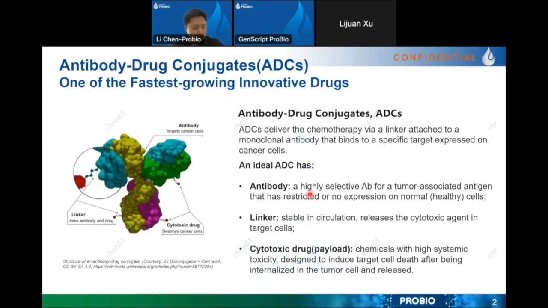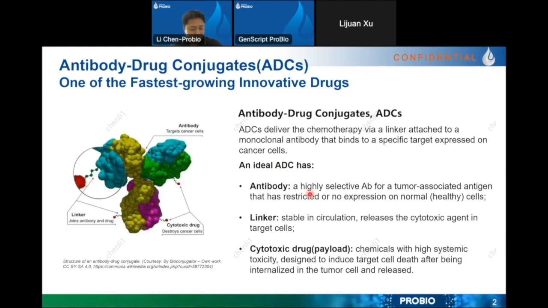Antibody drug conjugate is one of the fast growing modalities in recent years. It consists of three parts. The antibody is a highly selective carrier for tumor-associated antigens that have differentiated expression levels on cancer cells versus normal tissues, while the linker works as a switch to release the killing agent in designated environments.